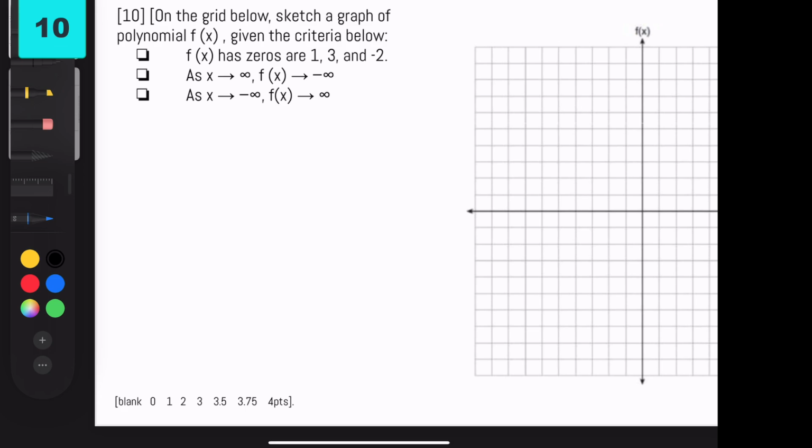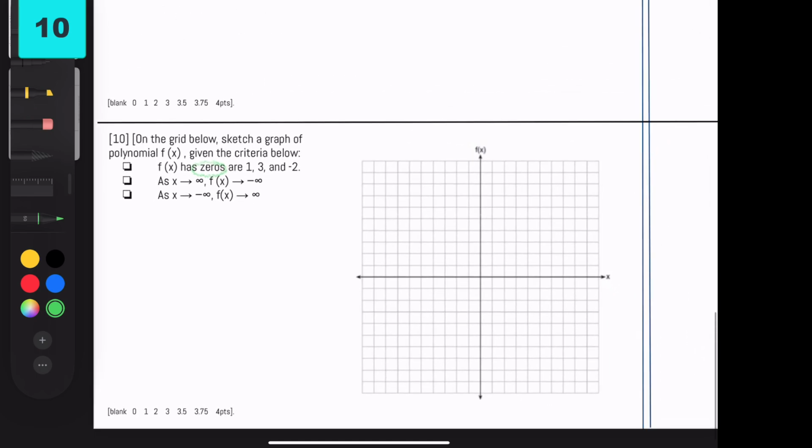Okay. On the grid below, sketch the graph of the polynomial f of x given the criteria. So zeros are anything that touches the x-axis. We have 1, 3, and negative 2.